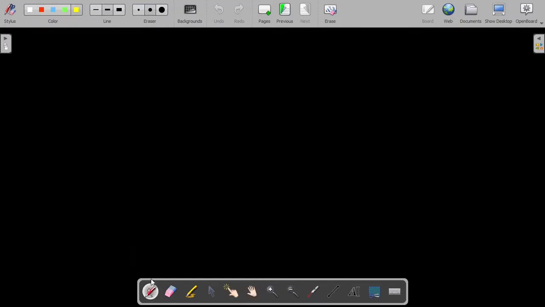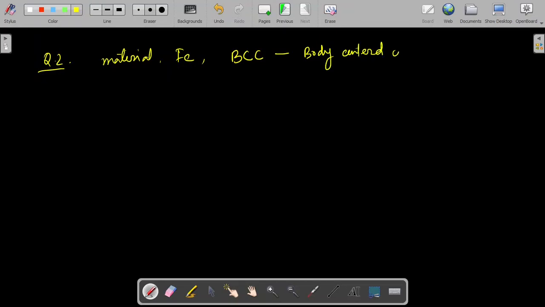Here we are doing question number 2. The material is iron and it has a crystal structure of BCC, body centered cubic.